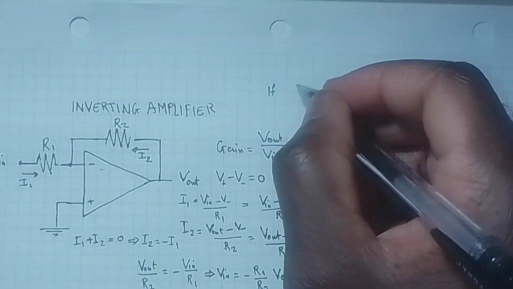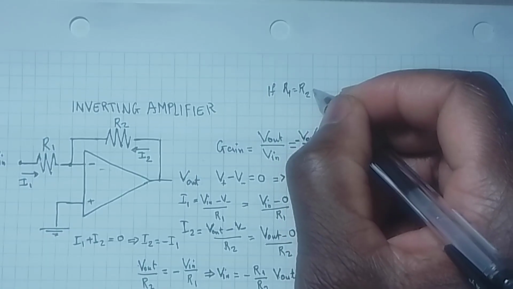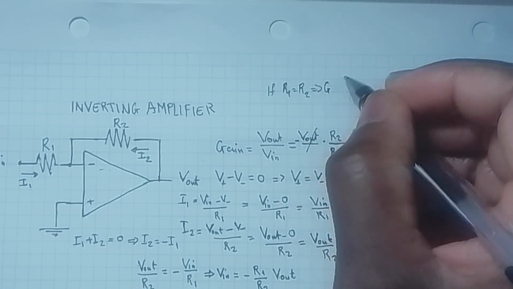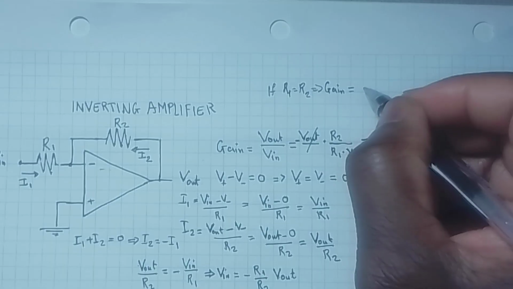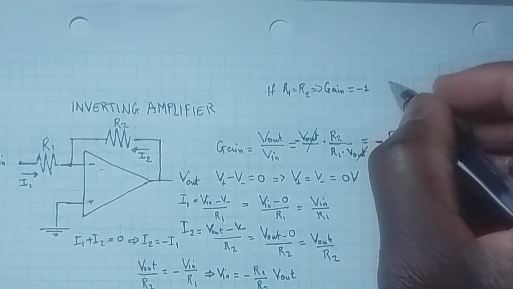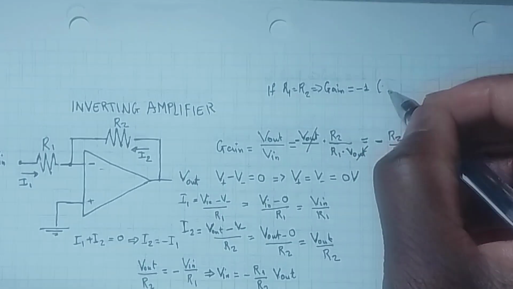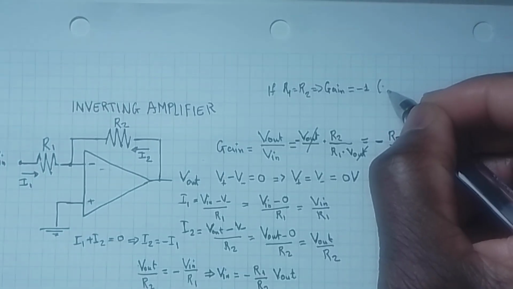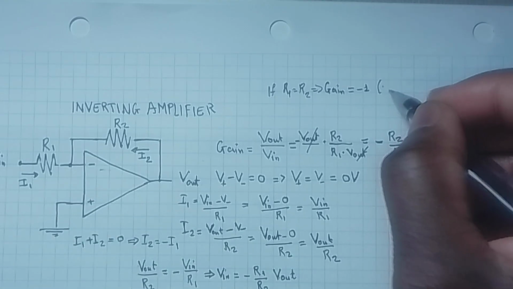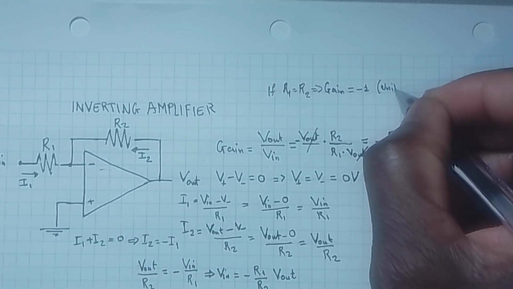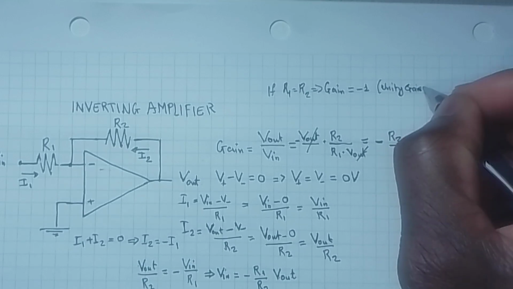If R1 equals R2, then the gain will be equal to -1, and this is called a unity gain inverter.